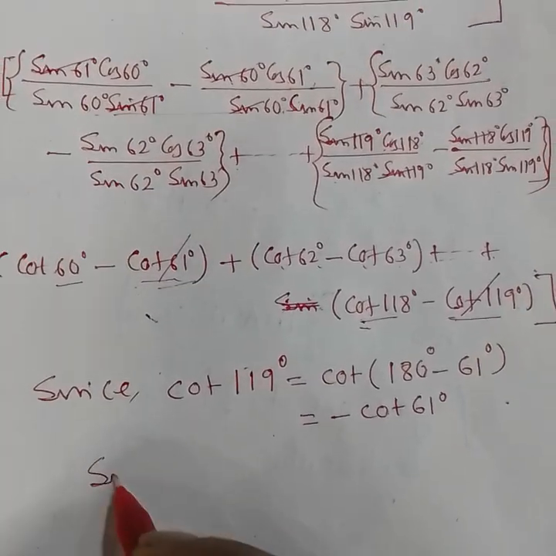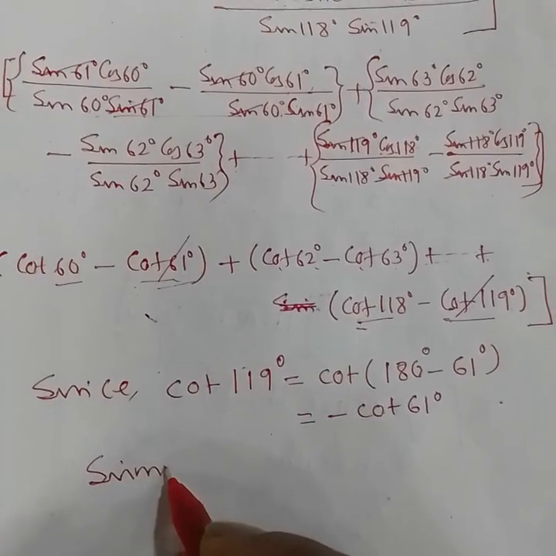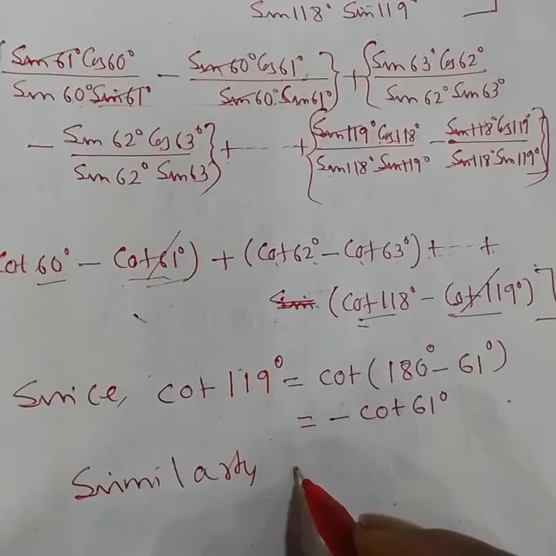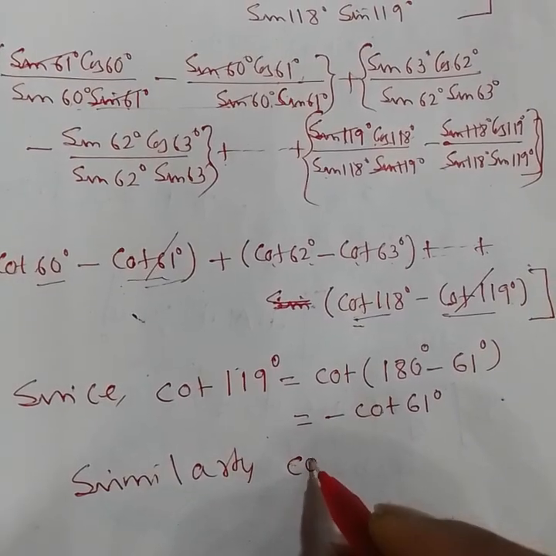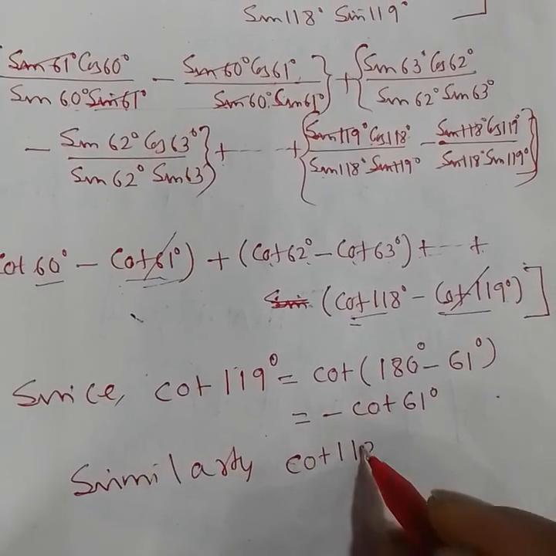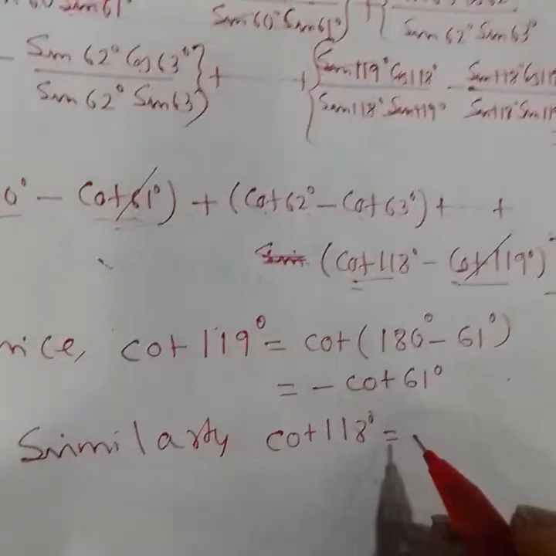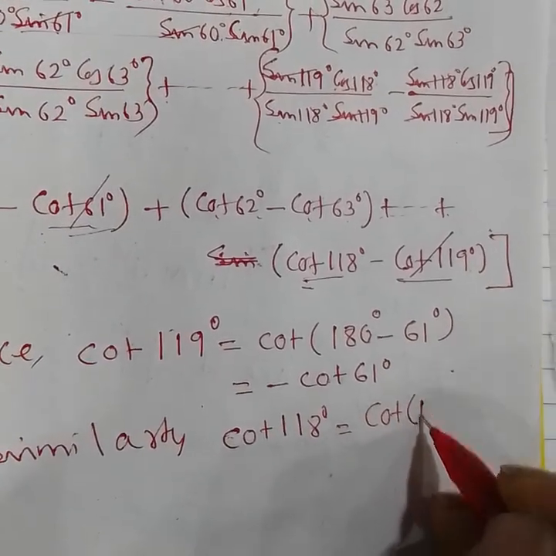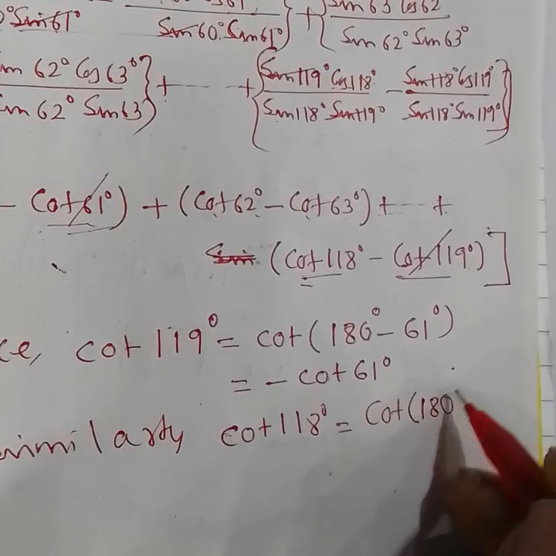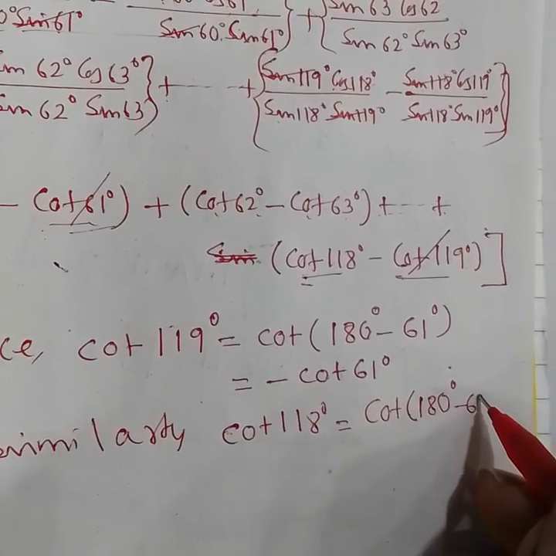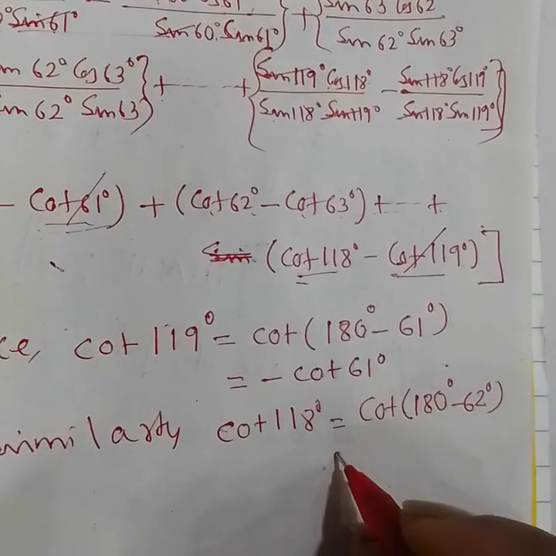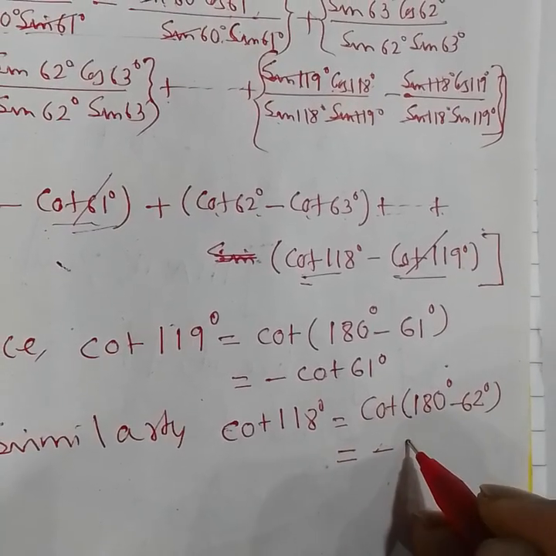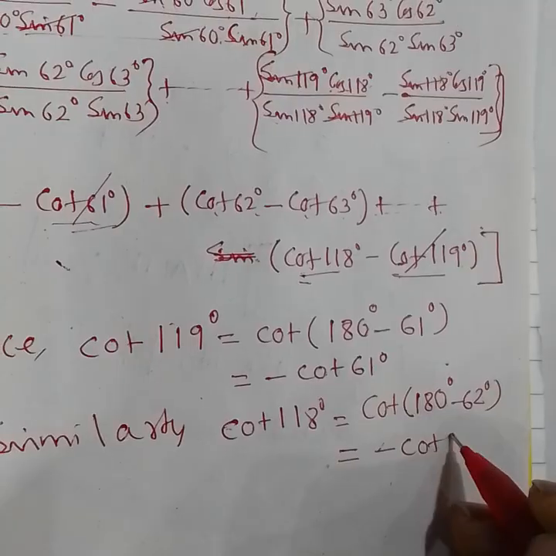Similarly, cot 118 degree equals cot of 180 degree minus 62 degree, equal to minus cot 62 degree.